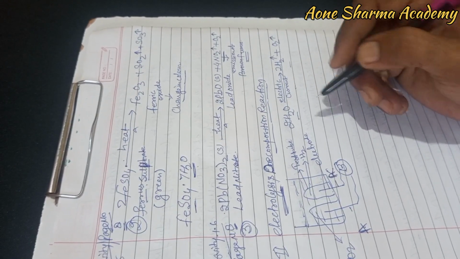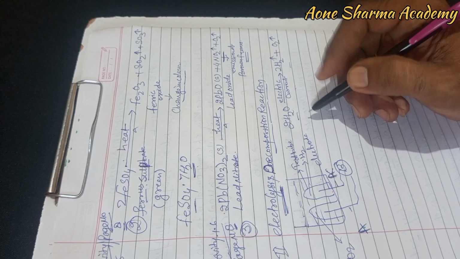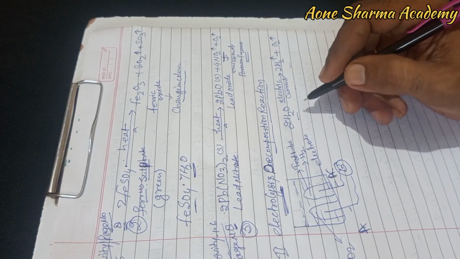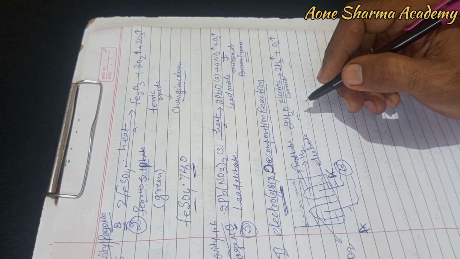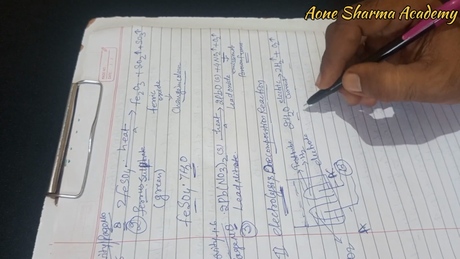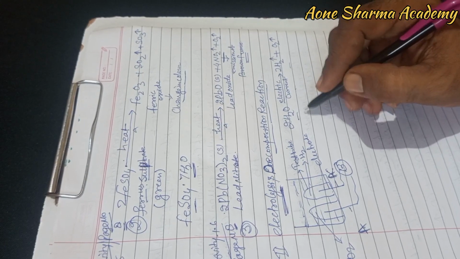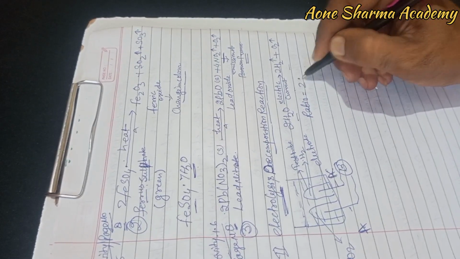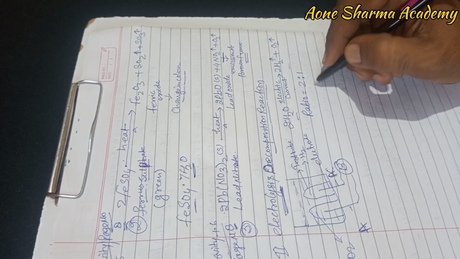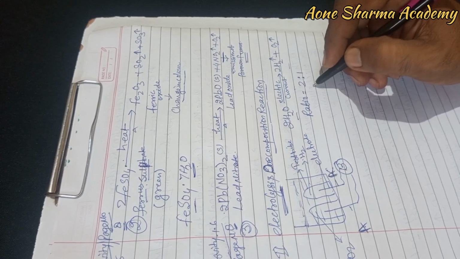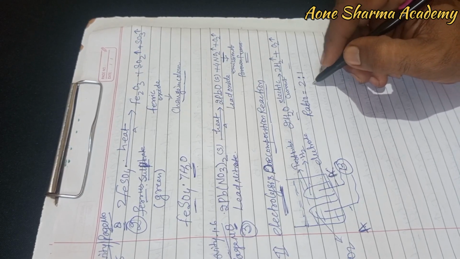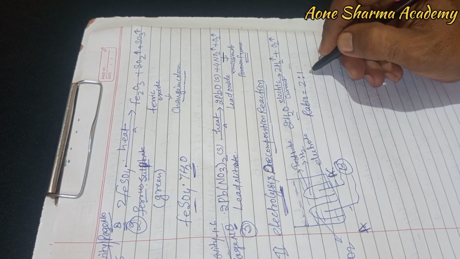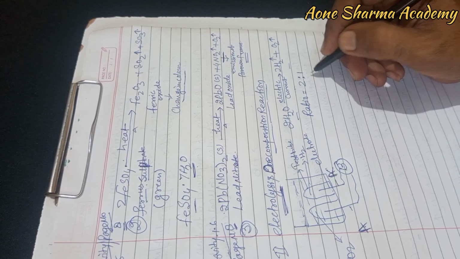In this activity, we find the collection of the gases is different, and the ratio is 2:1. I mean, the hydrogen ratio is 2 and the oxygen ratio is 1.